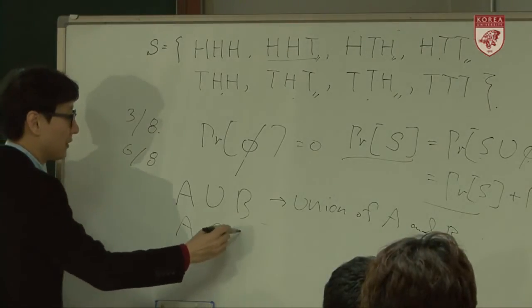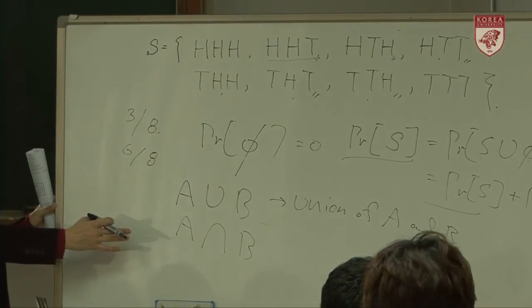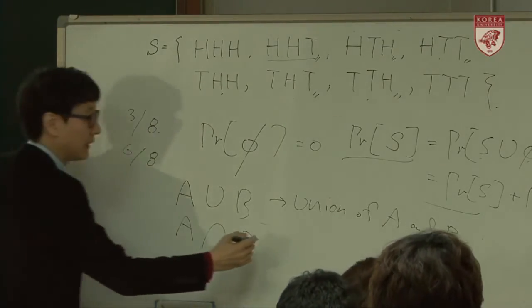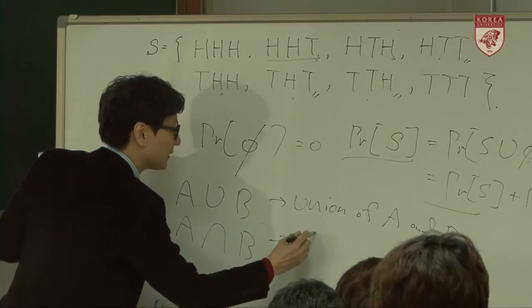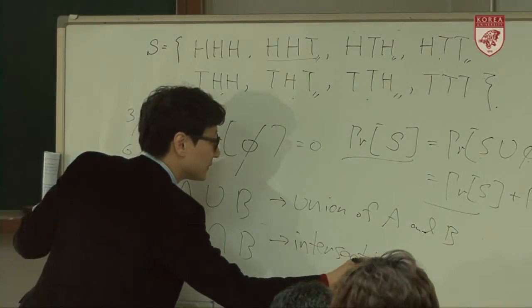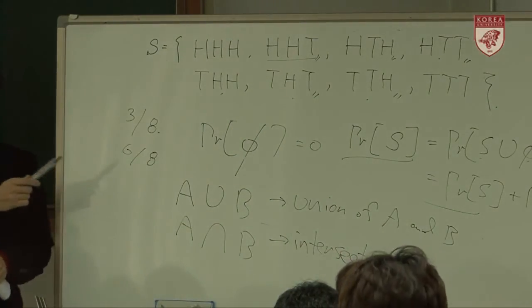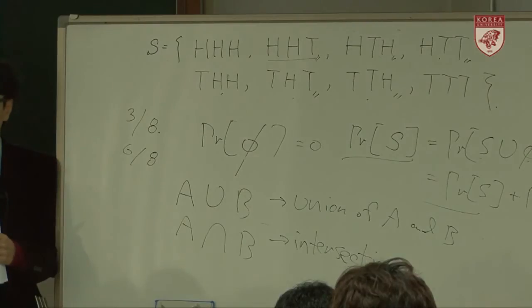Then A, this notation in Korean is 교집합, but in English we say intersection of A and B. That is 교집합 in Korean.